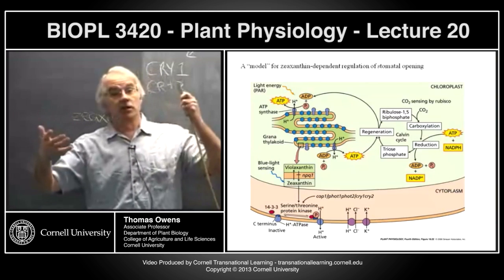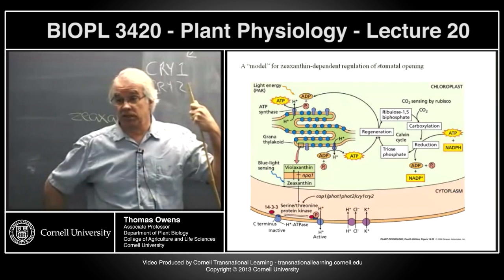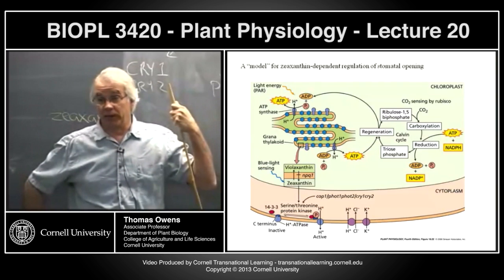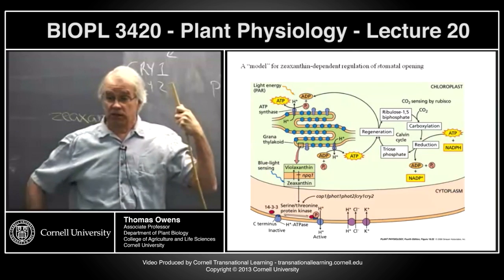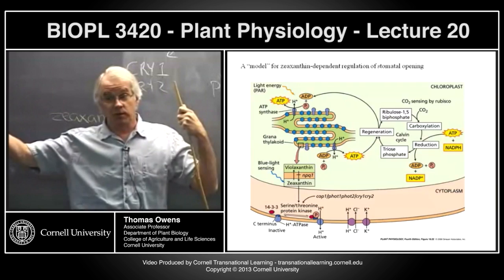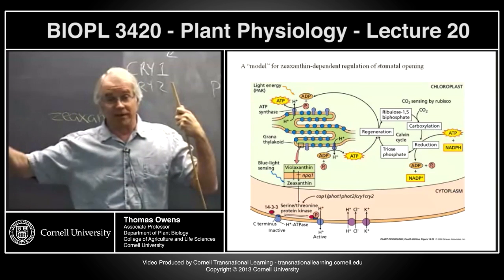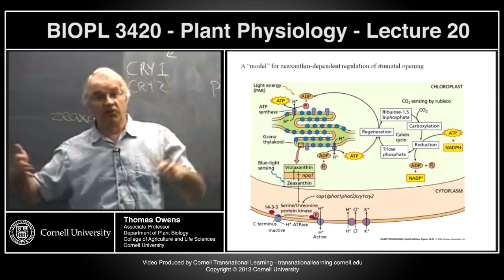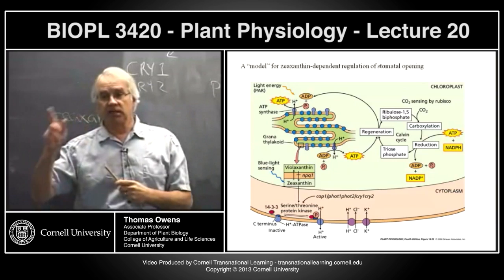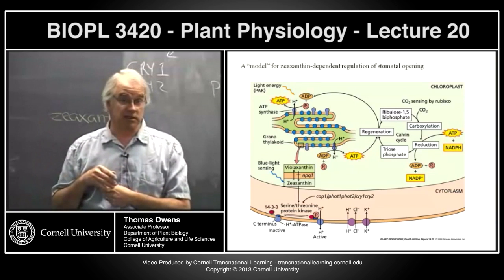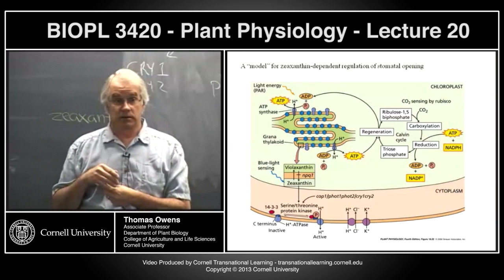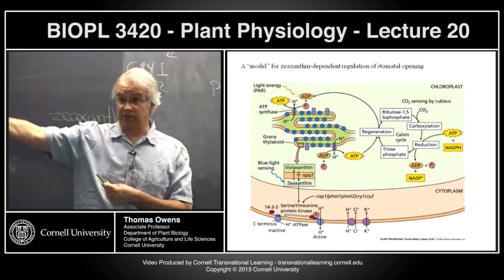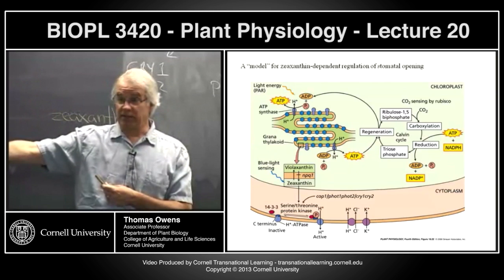The green light photoreversibility of stomatal opening is a really interesting phenomenon. So you put blue light on and the stomate's open. You put green light on and the stomate's closed. Does that mean that a single photoreversible pigment is controlling that? Not necessarily. It could be a blue light receptor that opens it and a green light receptor that closes it.